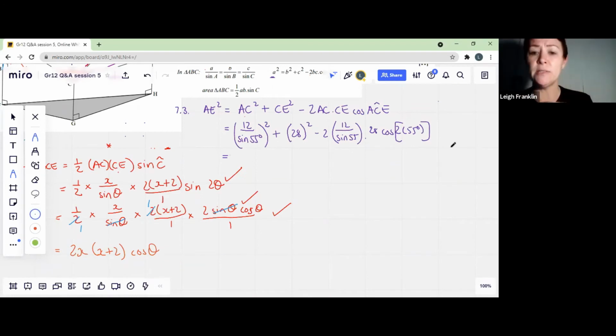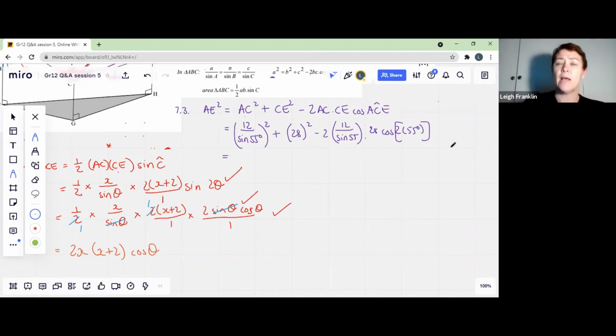Then you're going to press plus brackets 28 squared minus 2 times, again, bracket, fraction, 12 in the numerator, sine 55 at the bottom, close bracket, close the bracket again, times 28 times the cos, and you can just put in 110. 2 times 55 is 110. Once you've worked that out, leave it on your calculator, and then you're going to press square root answer equals.